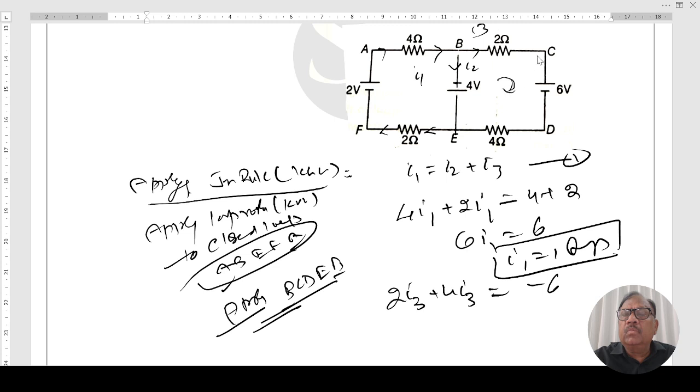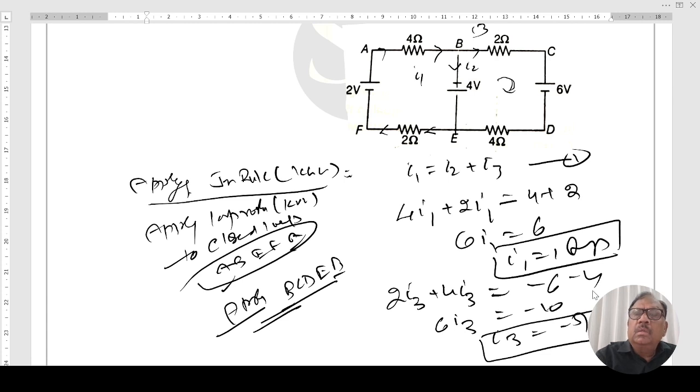We are considering the current flow like this in the loop. 6I3 equal to minus 10. I3 comes out to minus 5 by 3.